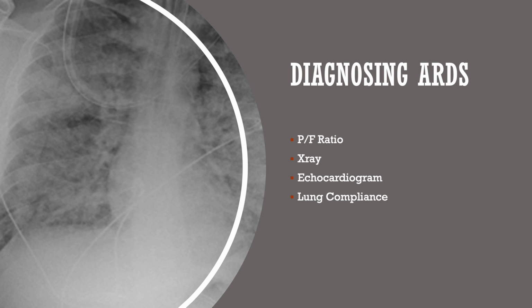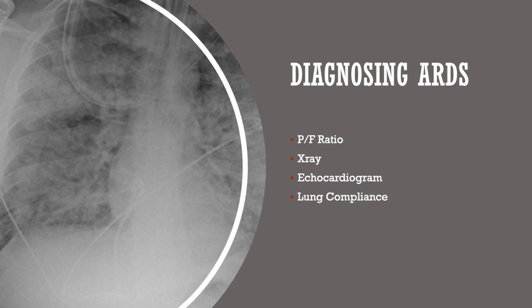Well, I understand how much they understand oxygenation if they ask me, how much oxygen is the patient on? So it always needs context. If the sat's 95 and the patient's on 100%, that's pretty bad. If the sat's 95 and the patient's on room air, well, then that's all right.